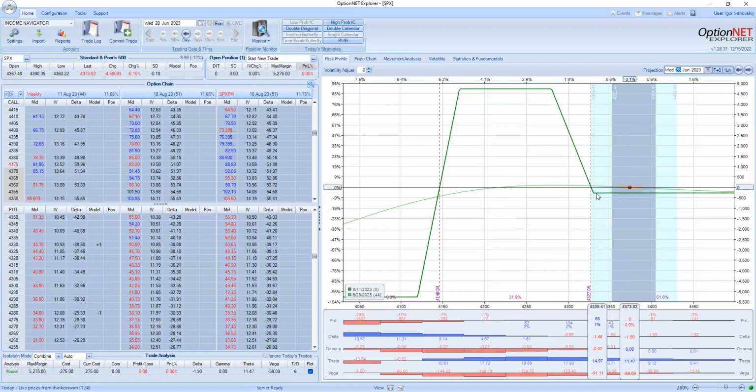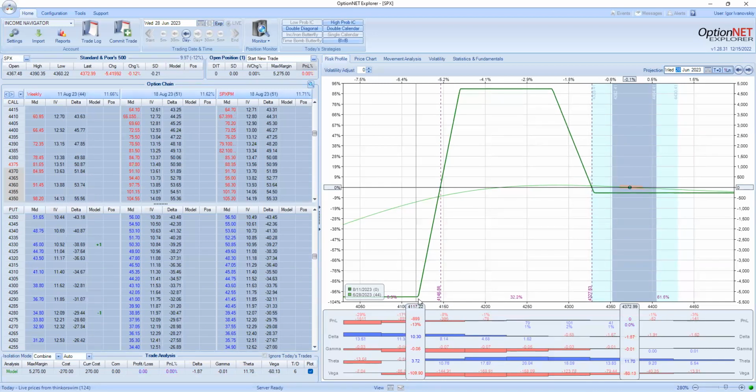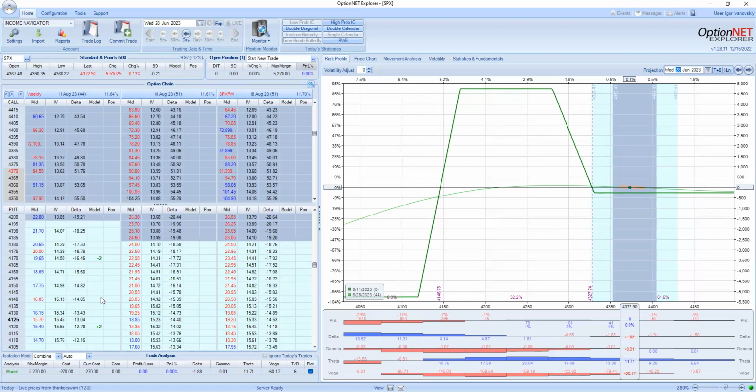In this example, the long leg of our put debit spread is at 43.30. So this is the first upper long, and then we have the lower long, at 41.20, except we're long 2 of the puts here and we're long 1 of the puts here.